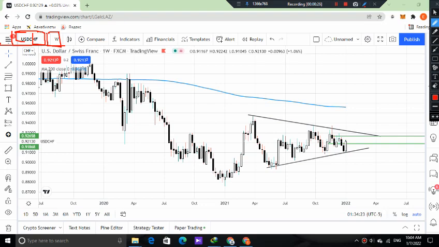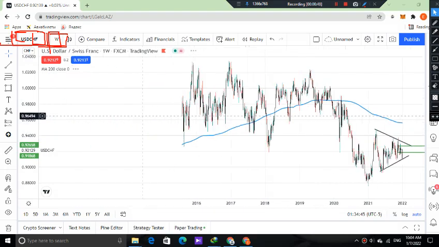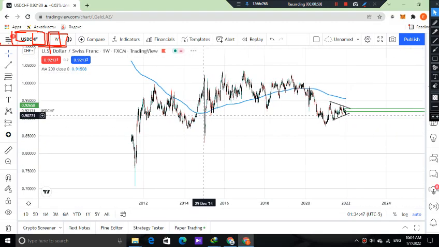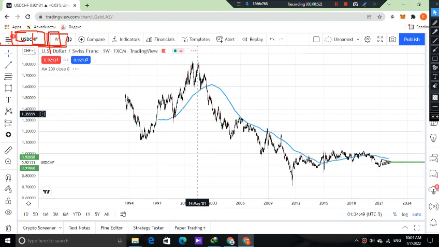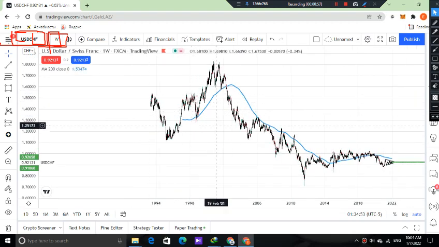Those who know me, they know very well that I always start my analysis with weekly time frame because it gives you a good perspective about the whole market, and you can see past few years in the chart.